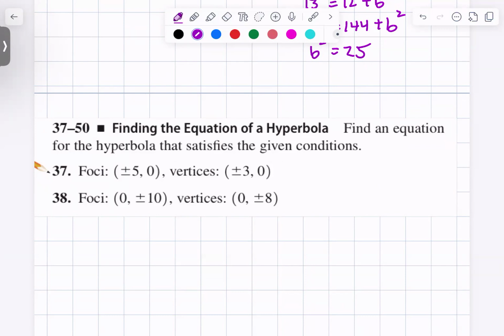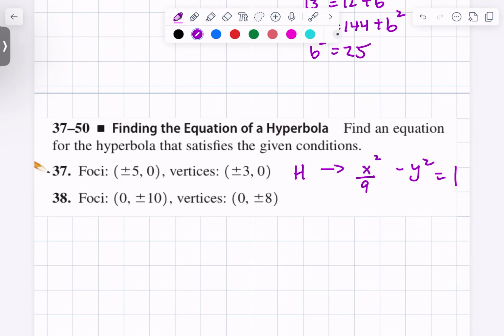So if your vertex or vertices are plus or minus 3, then it's a horizontal, right? If it's a horizontal, I know it's going to be x squared minus y squared. Since my vertex is at positive or negative 3, this is going to be 9 equals 1. And then my foci, and you're going to do the same math, right?